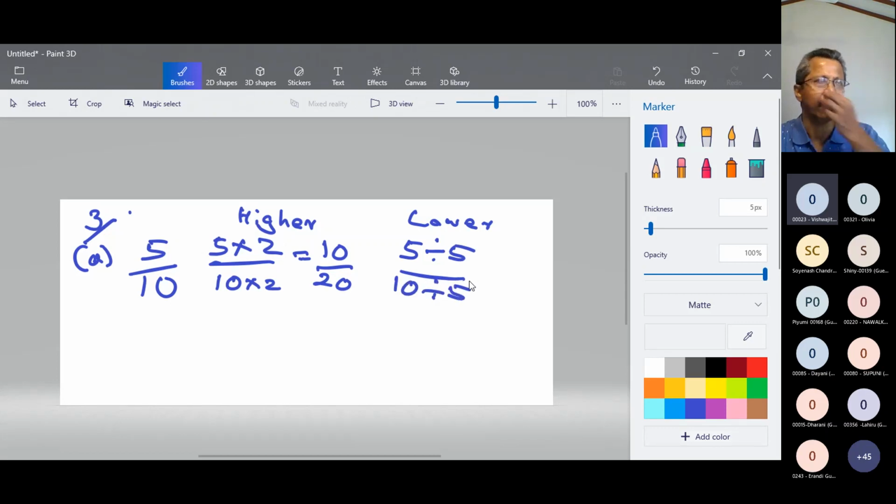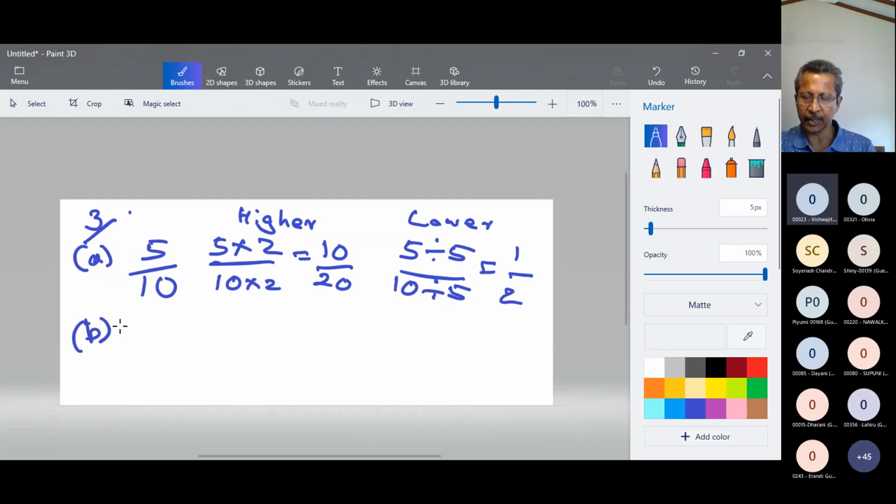We must always divide or multiply both top and bottom of the fraction by the same amount. So the lower one is 1 divided by 2. Understood? Right. We'll go to the B.